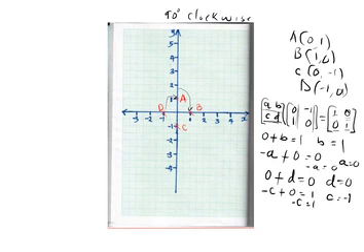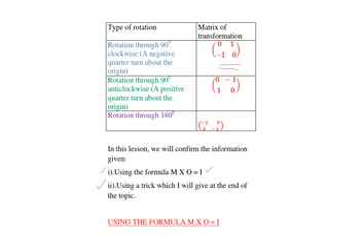So the matrix of transformation here, which is a, b, c, d, will be given as 0 for a, b is 1, c is -1, and d is 0. So we can confirm this from the given table, and that is true.